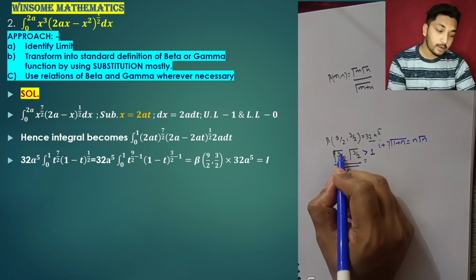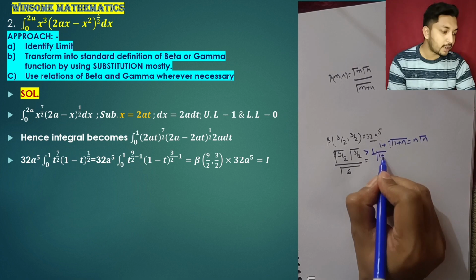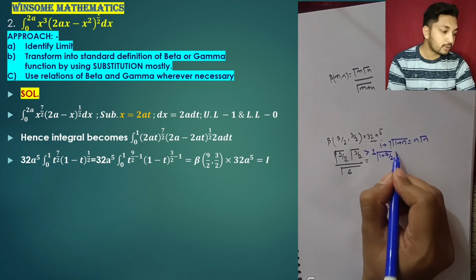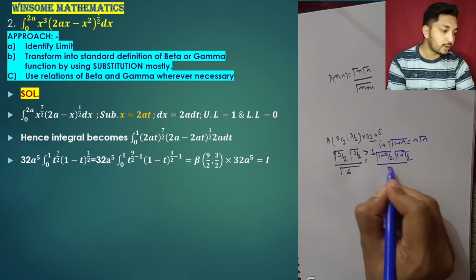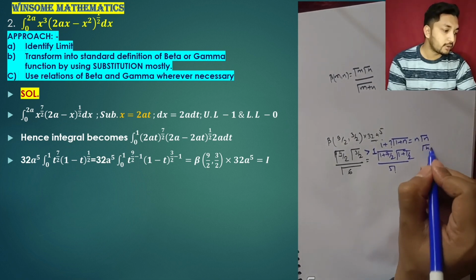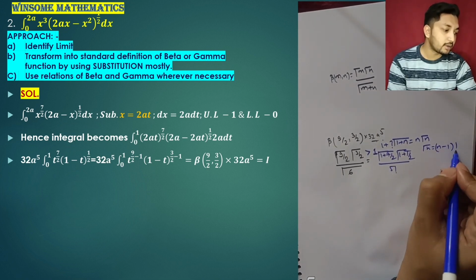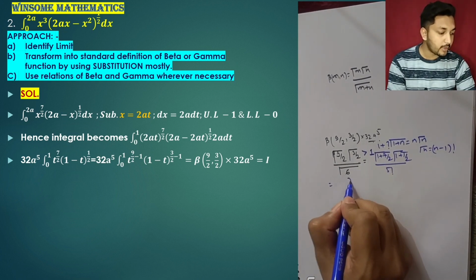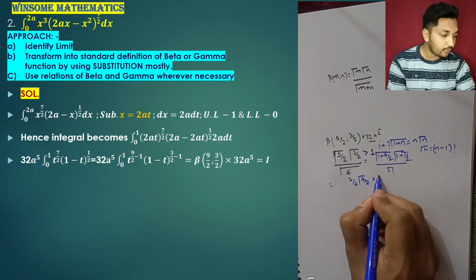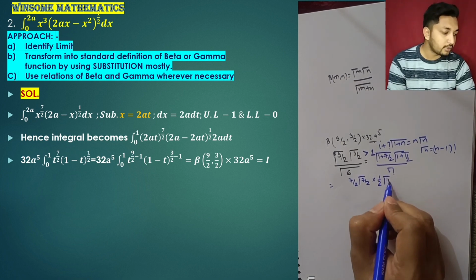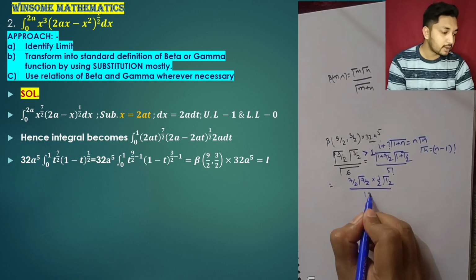First I will show you by writing 1 plus 7 by 2. So 1 plus 1 by 2, clear. And this is 5 factorial because gamma n is equal to n minus 1 factorial. Clear. So this is 7 by 2 gamma 7 by 2, and this is 1 by 2 gamma 1 by 2, upon 5 factorial, this is 120.